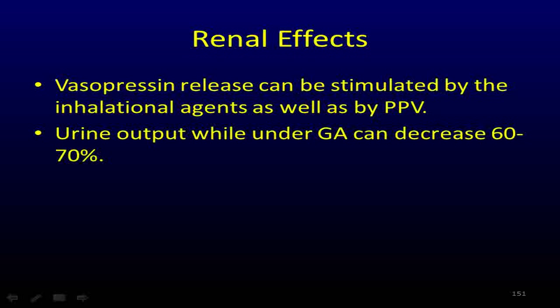The cardiac output. You're decreasing it a little bit, right? You increase that intrathoracic pressure, you're going to decrease cardiac output, and then the baroreceptor takes over. So it kind of offsets the effects of the inhalational agents. But for some reason, vasopressin release can be stimulated by some of these inhalational agents.